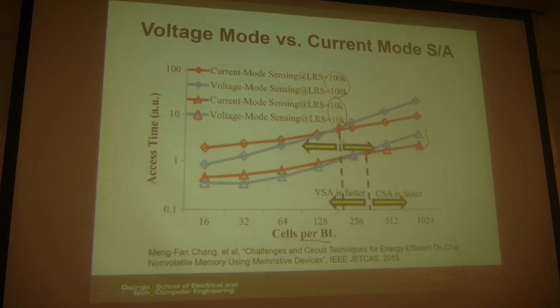So now if it's 100 kilo ohm, then let's say if you are larger than 128, then the current mode is faster. So you can do this comparison by the SPICE simulations. And in general, for large array, current mode is faster.